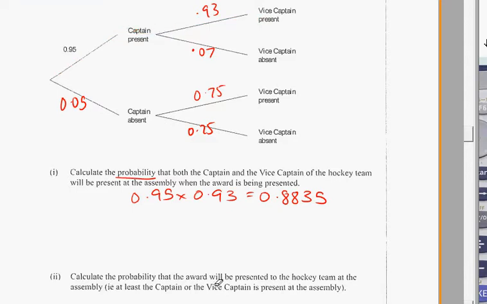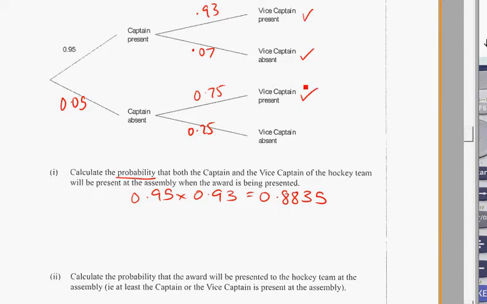Right, part 2. Calculate the probability that the award will be presented, that at least the captain or the vice captain is present. So one of them is present, at least one, could be both. Captain is present there, vice captain is there, but this one would be the one where both are absent, so the prize won't be awarded. So there are 3 times the prize will be awarded.